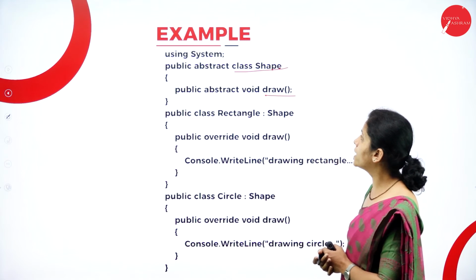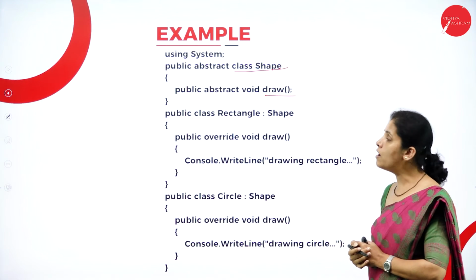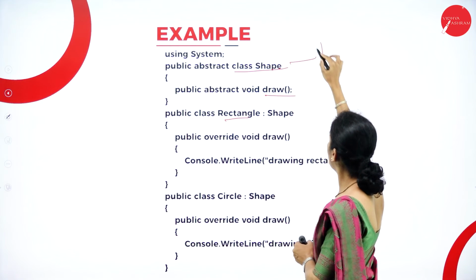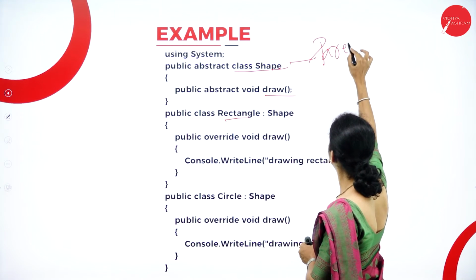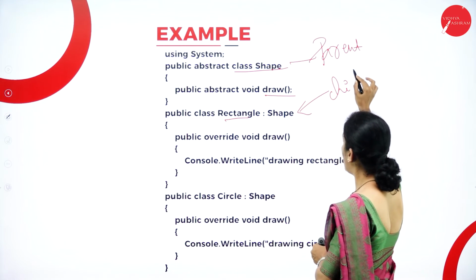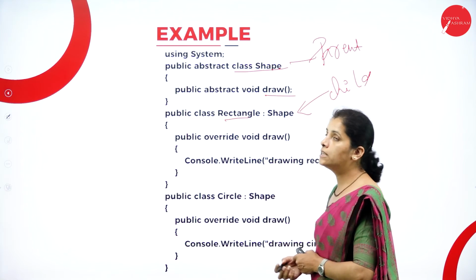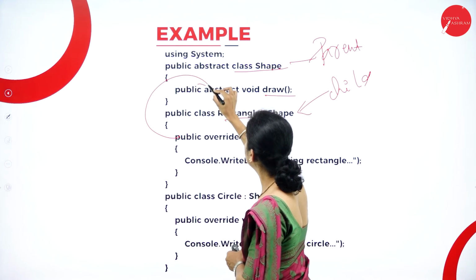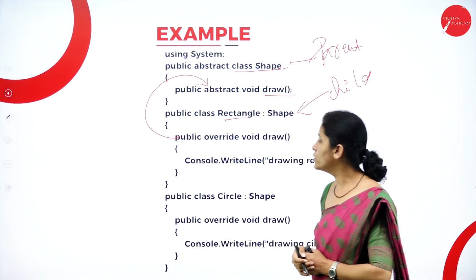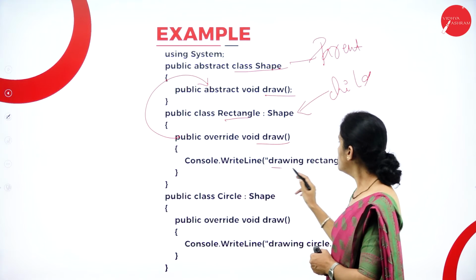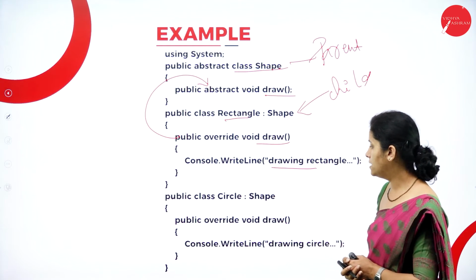So I'm going to create single inheritance. That means I'm going to acquire the features of Shape in my Rectangle. So this is my parent class, and this is my child class. And I'm going to write the code for this abstract method, drawing rectangle.